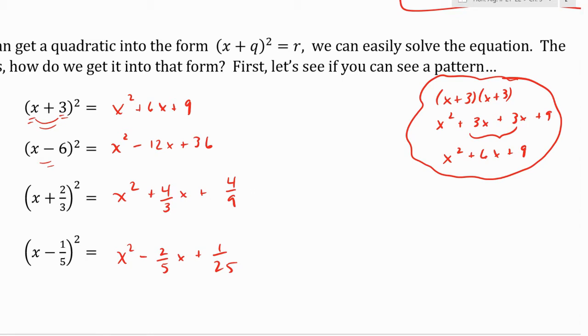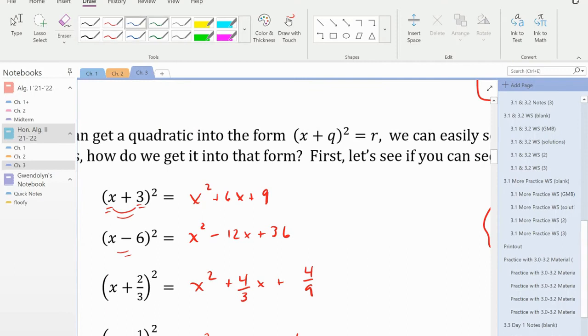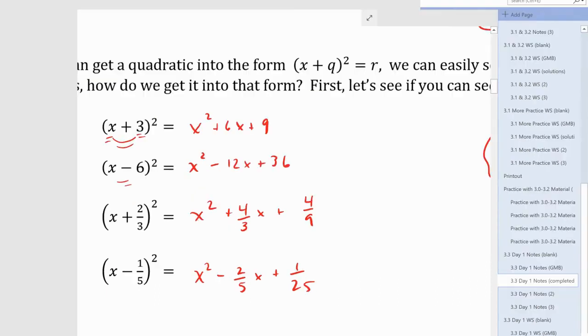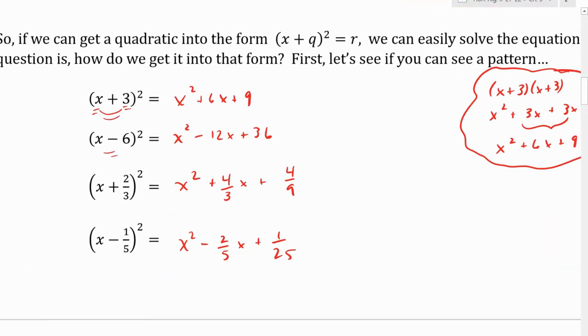But we're sort of looking for the pattern. How do all the numbers relate back and forth to each other? So we were just going from here to here and seeing how these numbers relate.